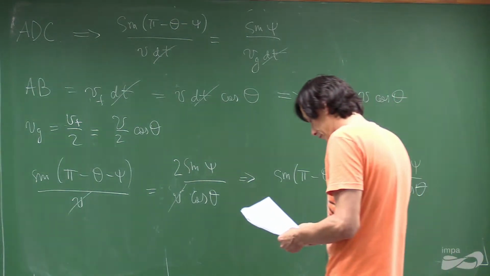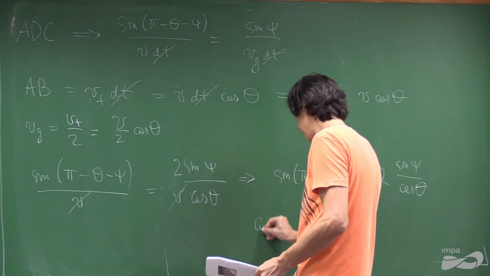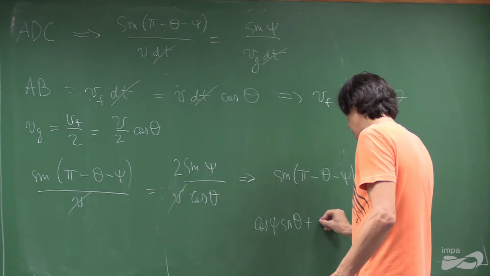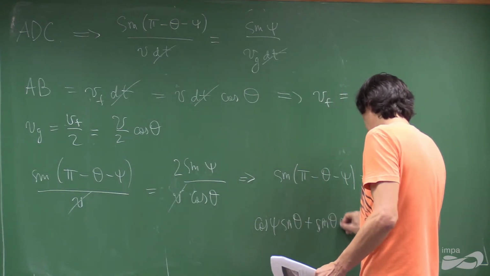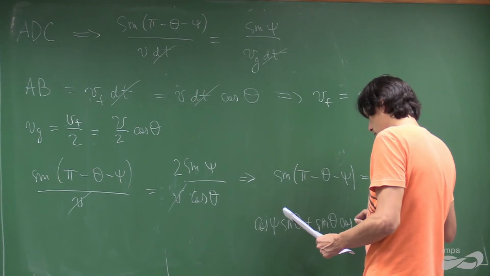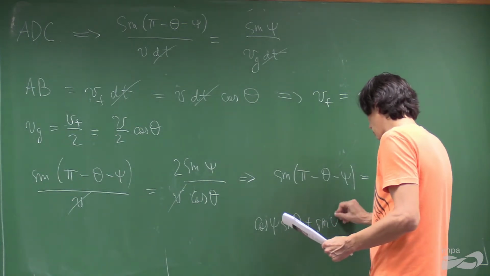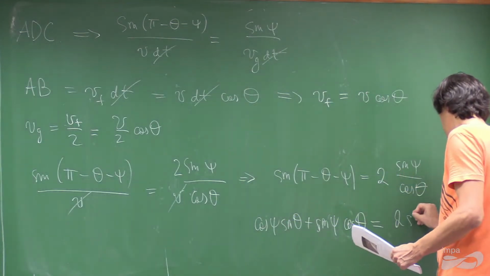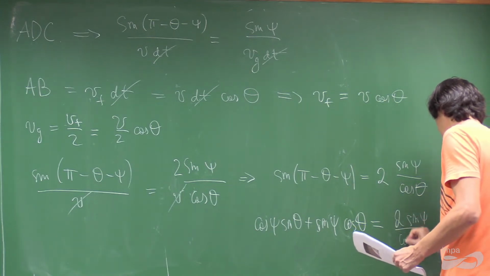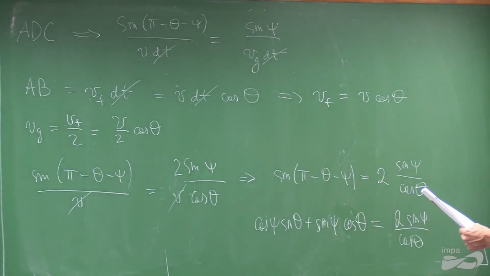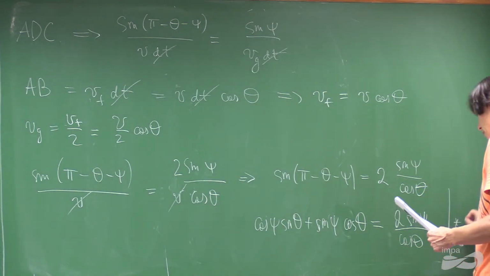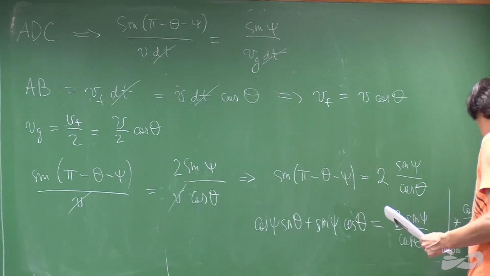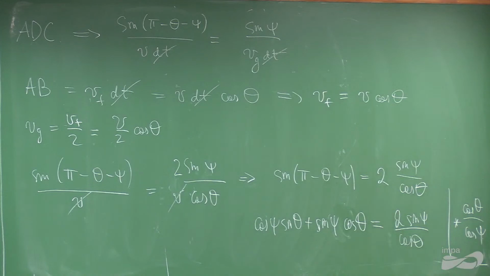So on the left you get cosine psi sine theta plus sine psi cosine theta, equal to the right hand side, which is the same. Okay, and then you multiply it by cosine theta divided by cosine psi.